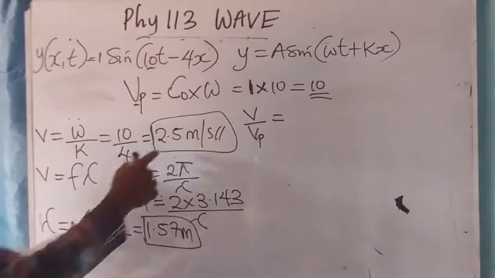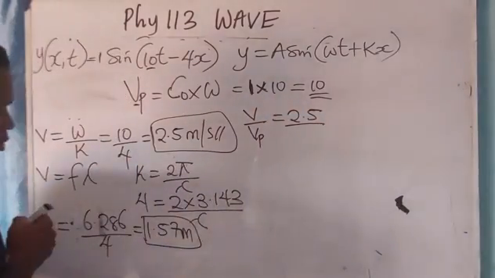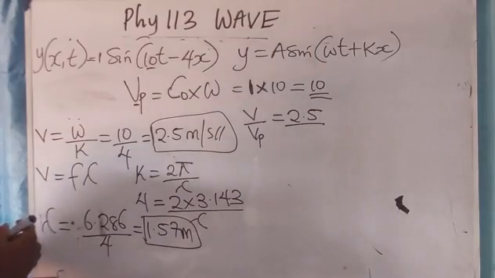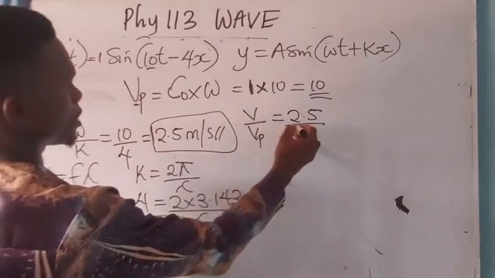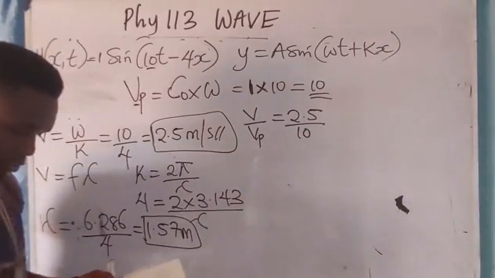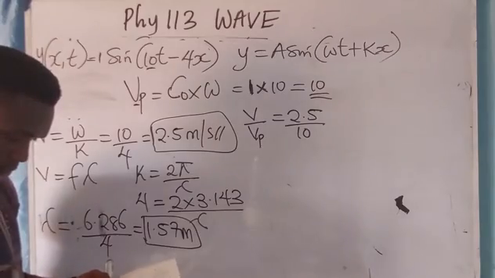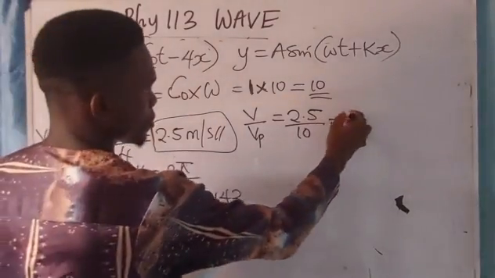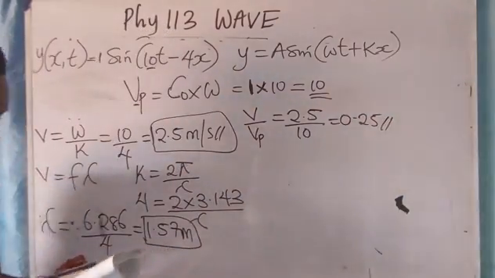We had our phase velocity as 2.5 over particle velocity as 10. So 2.5 divided by 10 equals 0.25. So that is the answer.